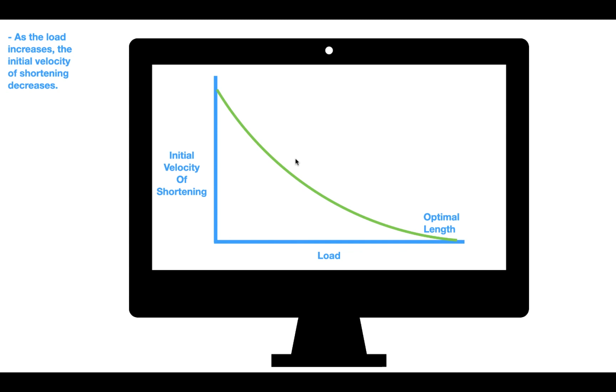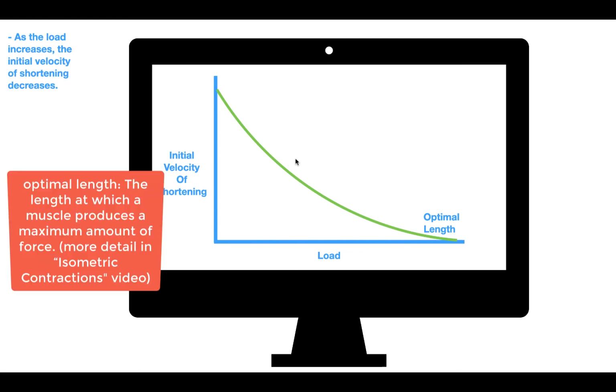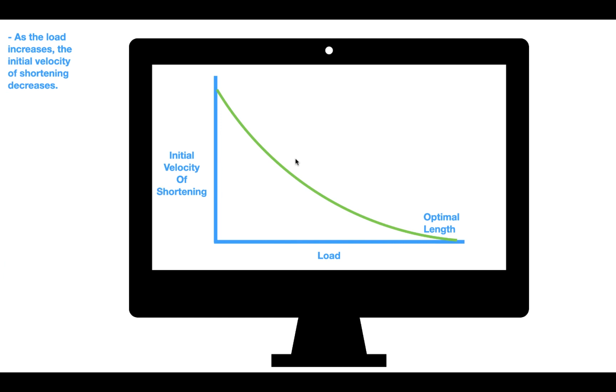And in general, for every single skeletal muscle, there is going to be a certain length that the muscle can be stretched out to, in which the muscle is going to produce a maximum amount of force. So if you don't know the relationship between length and force production, I'd highly advise you to go check out my video on isometric contractions, where I talk about that in detail. And I'm also going to put a link at the end of the video that will bring you to that video.